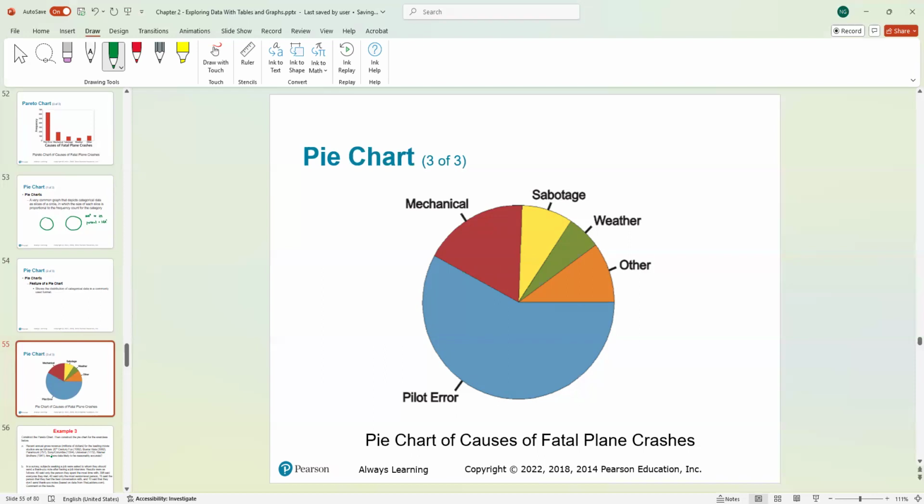Excel is the most important one, and there is one we call R that can also help you do it. But in our examples here, we would use either Excel or StatCrunch to construct these graphs. So this is a pie chart.